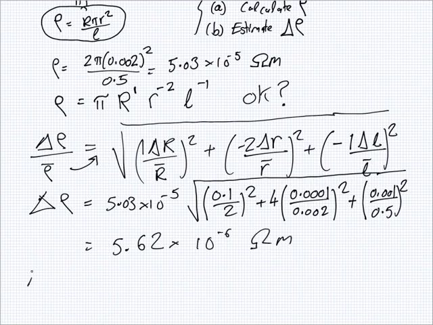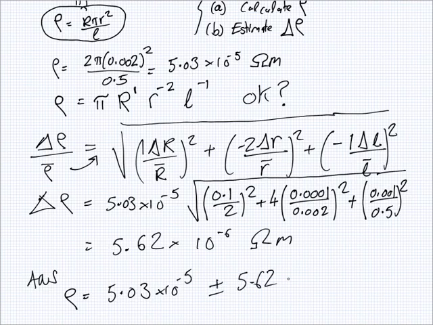So your answer would be resistivity equals 5.03 times 10 to the minus 5 plus or minus 5.62 times 10 to the minus 6 ohm meters.